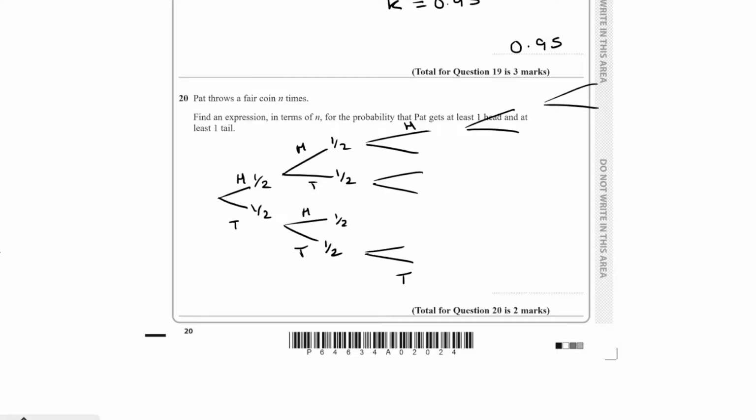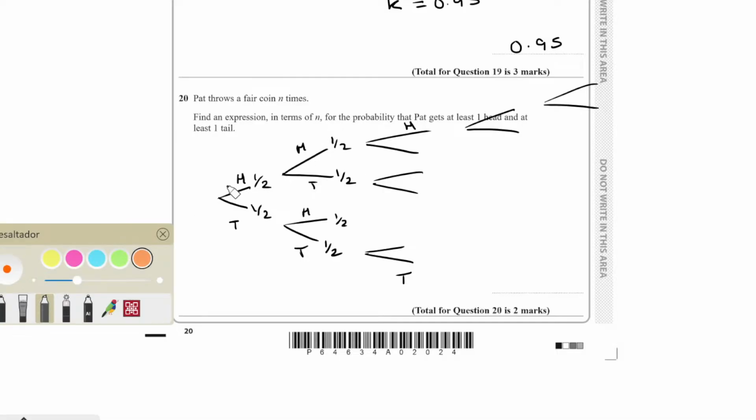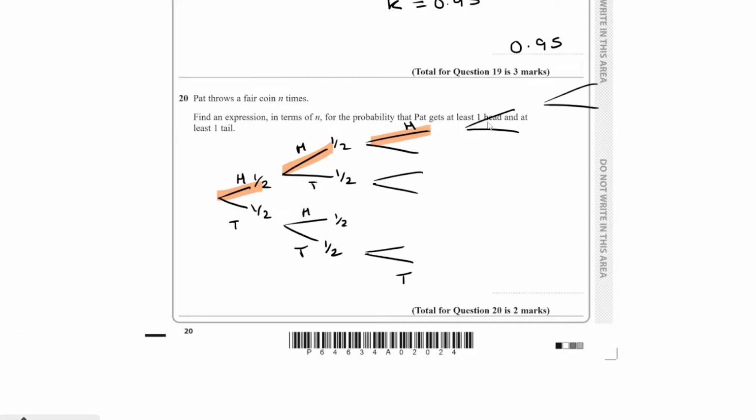They cannot get all heads, because they have to get at least one tail. They also can't have all tails because they have to have at least one head. So that's the only thing that we can account for: all the chances of getting heads, all the chances of getting tails. Everything else in the middle would include at least one head and one tail.